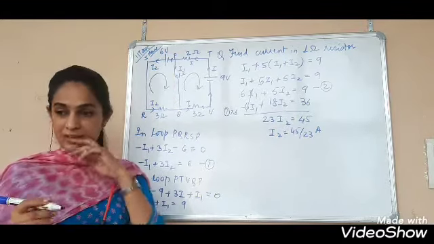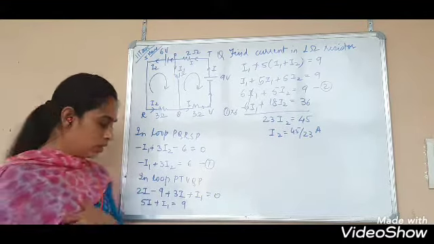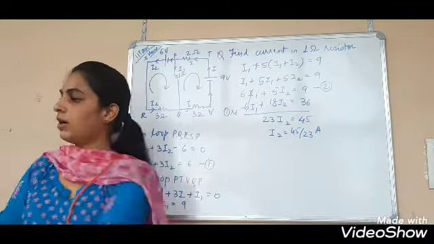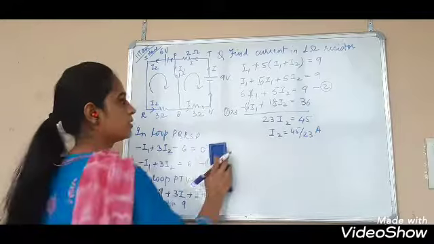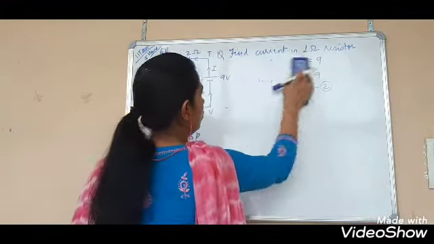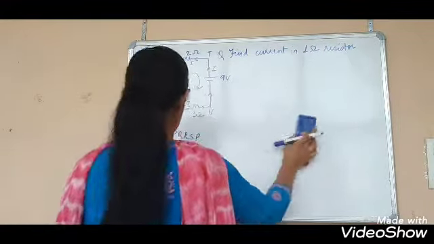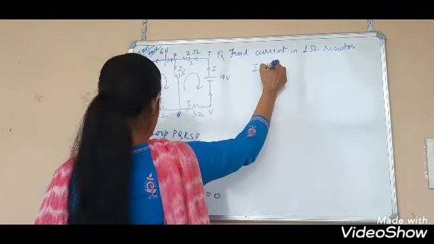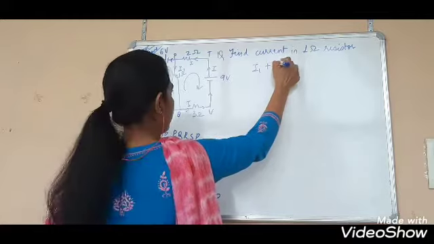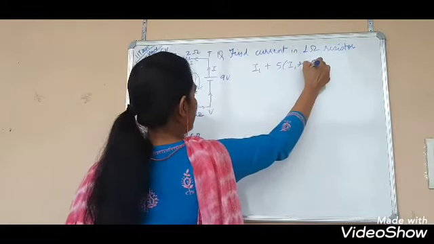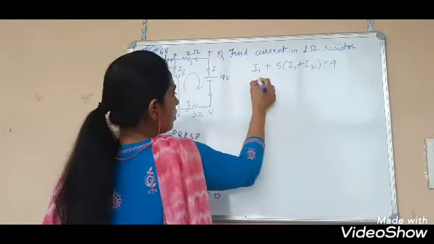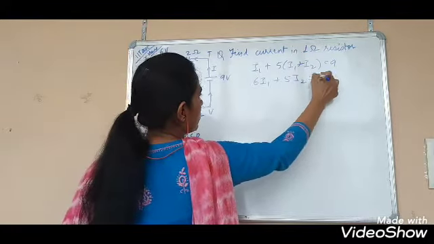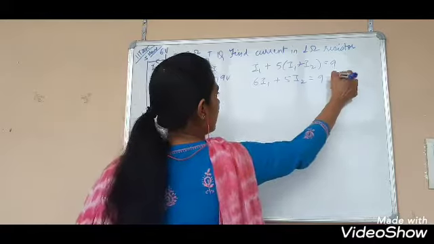So let's try that way also, because we should minimize our calculations, right? So what we got, I1 plus 5 I1 plus I2 is equals to 9. So that was 6 I1 plus 5 I2 equals to 9. This was the second equation.